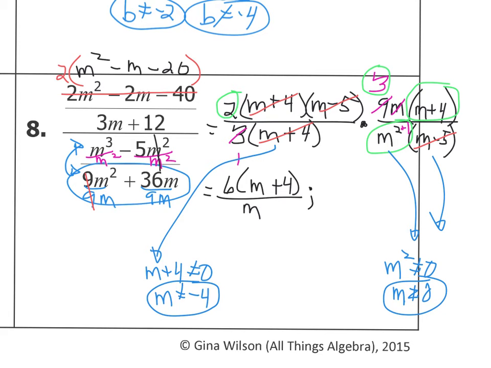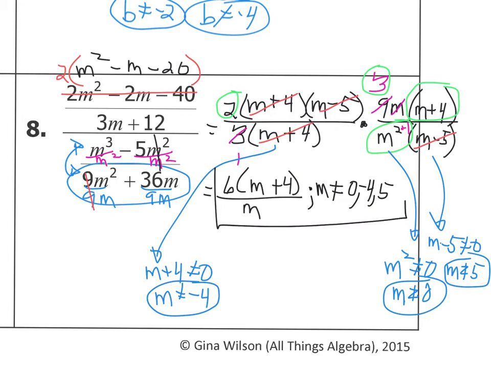And then this one also, m minus 5 cannot equal 0, so m cannot equal 5. So we have 3 restrictions. So m cannot equal 0, negative 4, and 5. Doesn't matter what order you put them in.